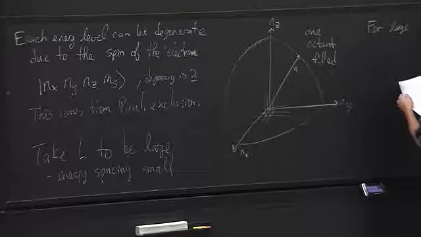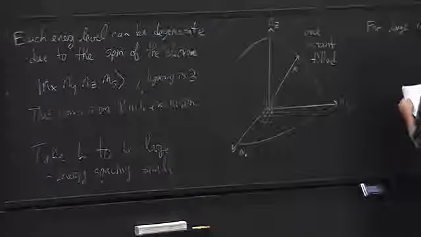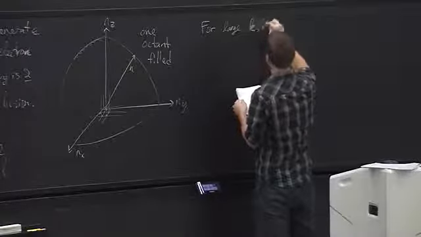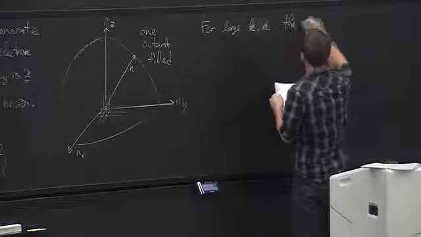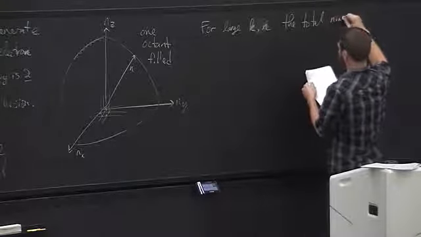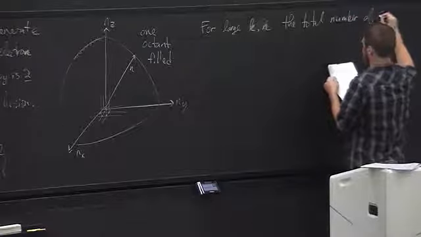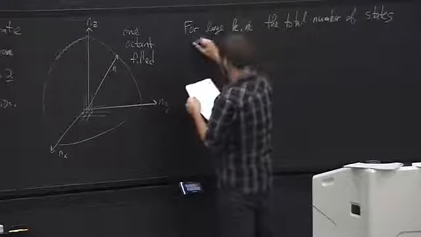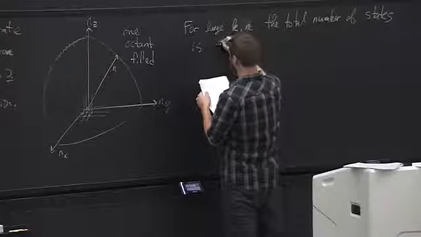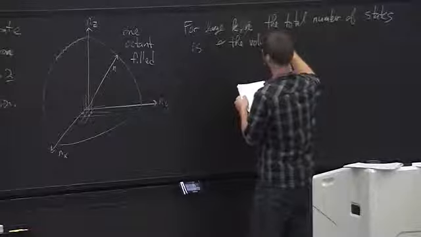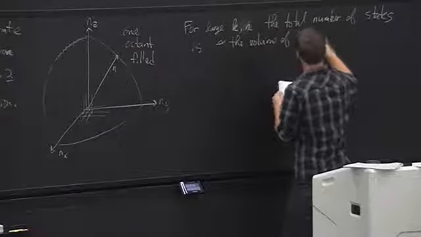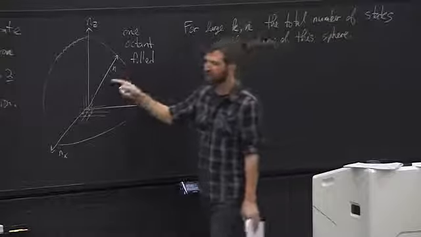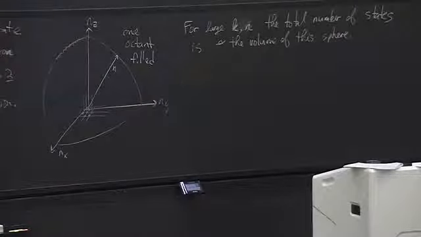For large radii, large k or large n, that n is just root nx squared plus ny squared plus nz squared.